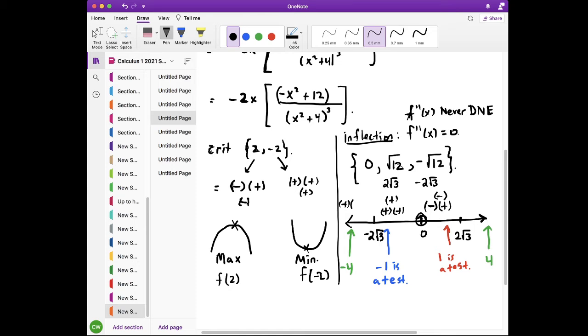Yes, a negative. Be careful. Negative 4 squared is positive 16, then negated, plus 12 is negative. And then over here, it's positive, and then it's negative.